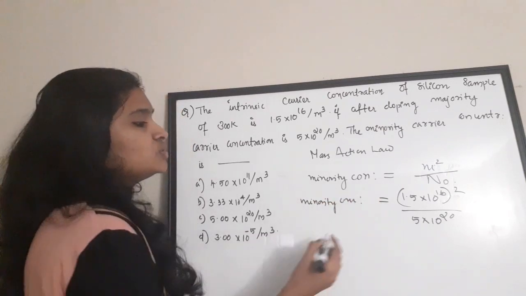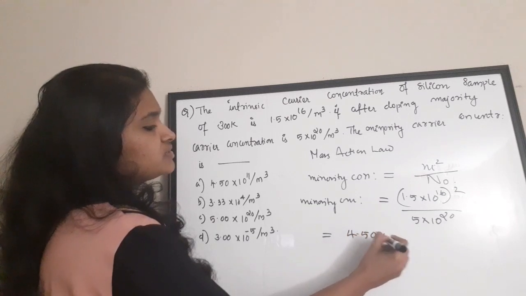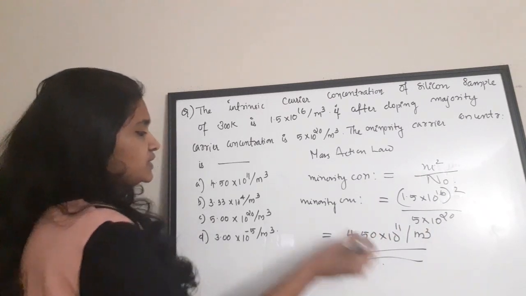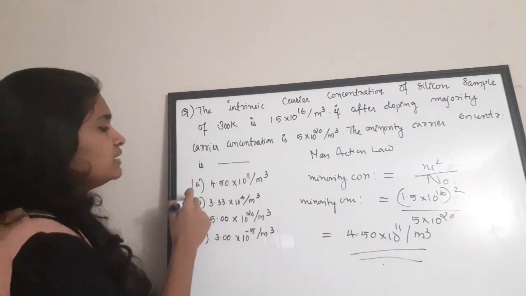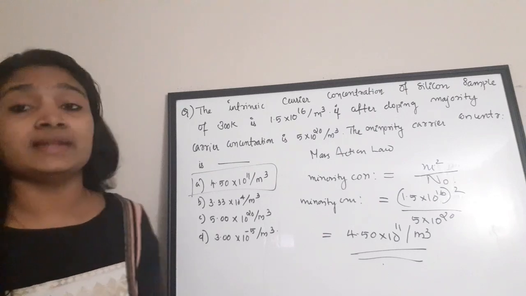If you solve it, you will get the value as 4.50 into 10 raised to 11 per meter cube. That is, option A will be obtained as your answer.